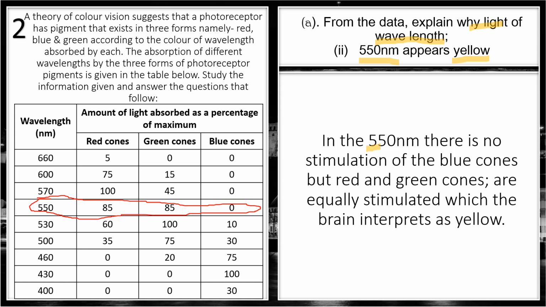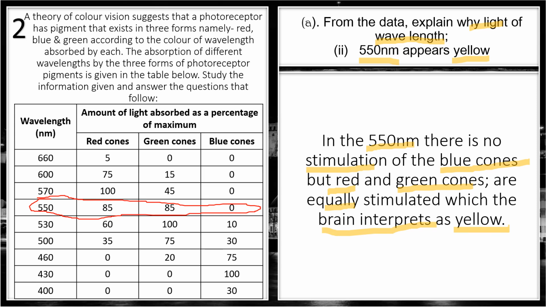So in the 550 nanometer, there is no stimulation of the blue cones, but the red and green cones are equally stimulated, which the brain interprets as yellow.